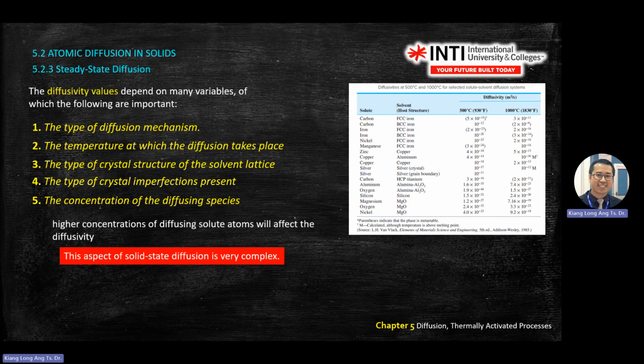You need to explain using these 5 pointers. The value here, why minus 27? Why minus 32? Why minus 23 at 500 degrees C? And why, if you increase the temperature, do the values change? So these are the things.